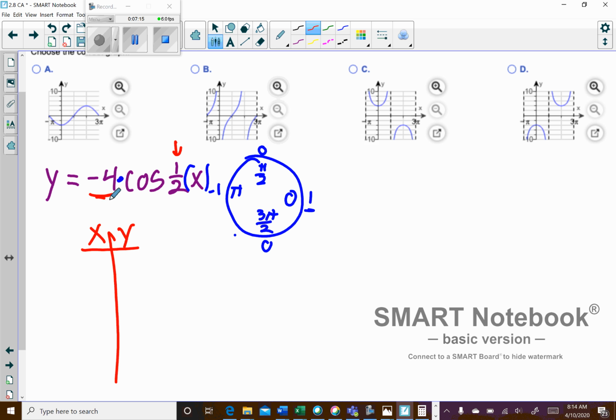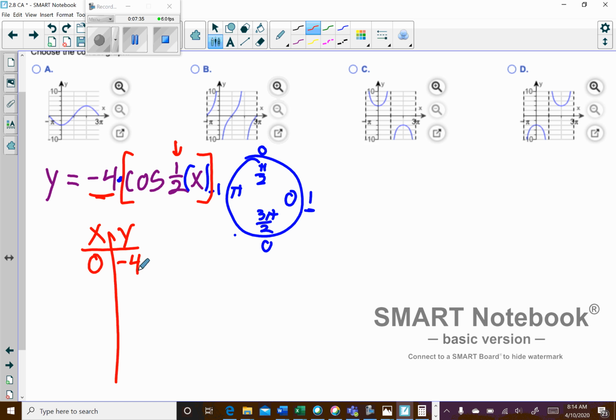Okay, so the first part's pretty easy. I'm going to plug in 0, because if I plug in 0 times 1/2, I get cosine of 0. Cosine of 0 is 1. But then I have to multiply by -4. So when x is 0, this turns into a 1, and 1 times -4 is -4.